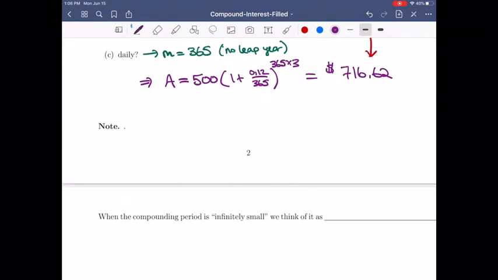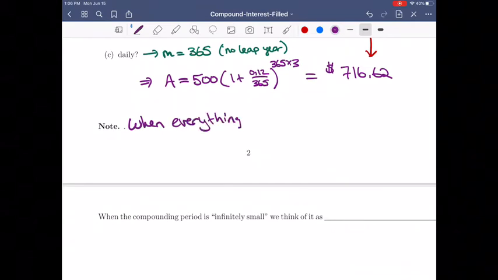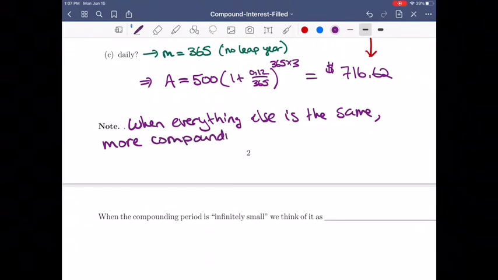So the note here is when everything else is the same, more compounding periods per year, so the higher M is, the more money will accrue.